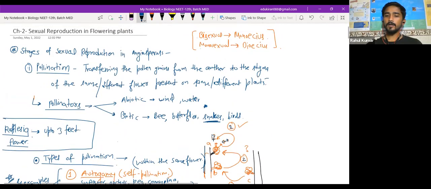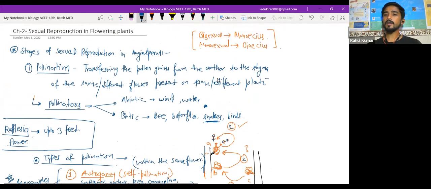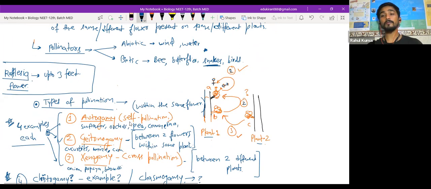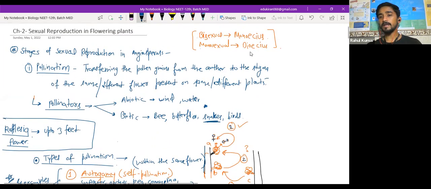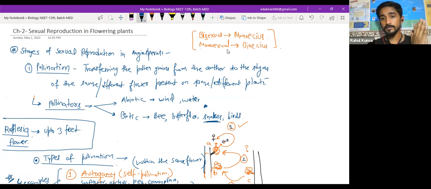Now, many questions come on this, that if there is a dioecious plant, then what will happen? Autogamy, geitonogamy, xenogamy, or what will not happen? So these kinds of questions will come. If a plant is dioecious, it means it is monosexual, right? Dioecious means there are two different bodies to incorporate two different sexual structures. So can dioecious plants ever undergo self-pollination?